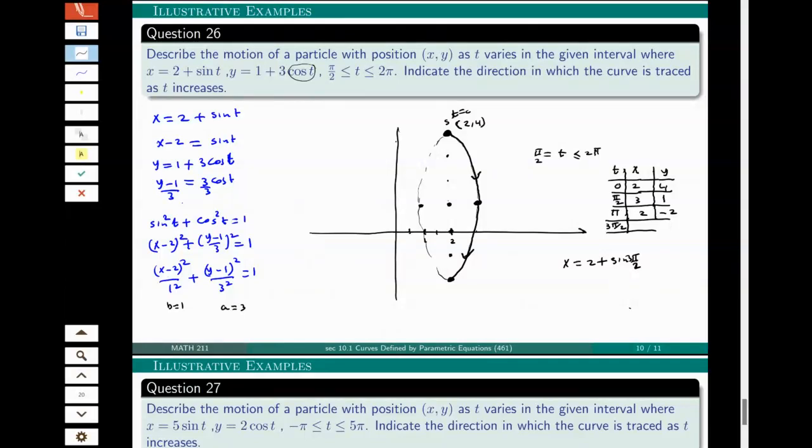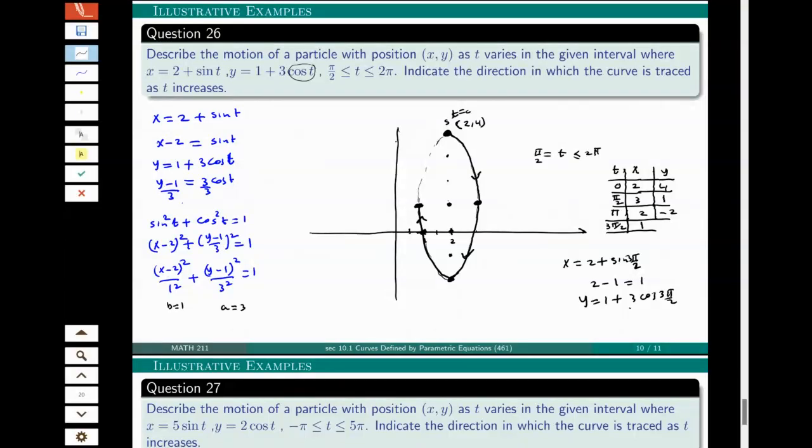Sine 3 pi over 2 will be minus 1, so it will be 2 minus 1, which is 1. And y will be 1 plus 3 cosine 3 pi over 2, which is 0, so it will be 1, and it will be 1 and 1, which is this point. So it will move that way to this point. That is at 3 pi over 2.